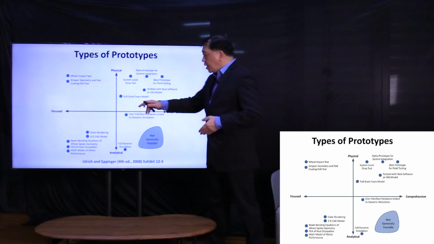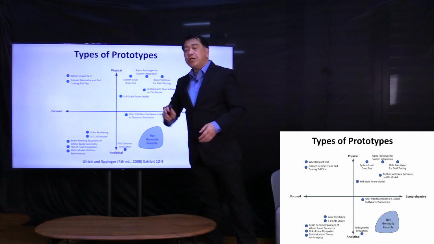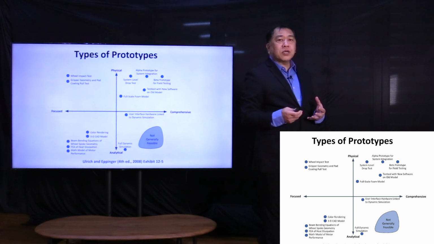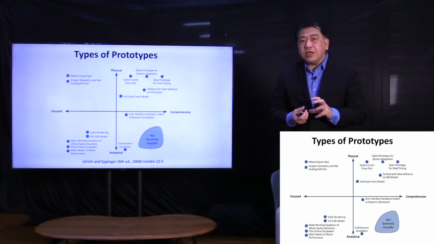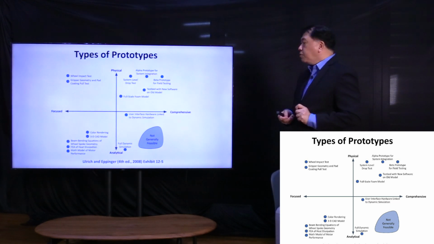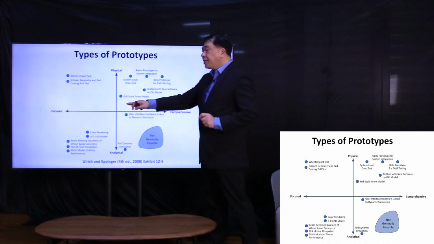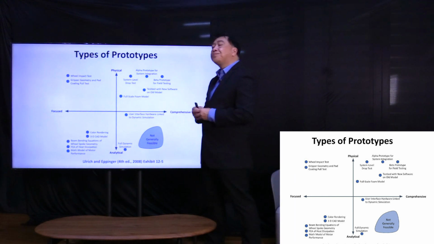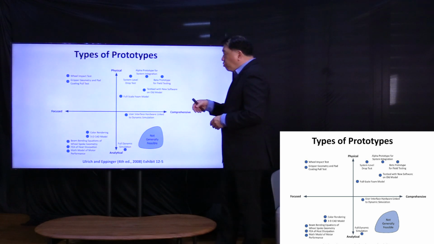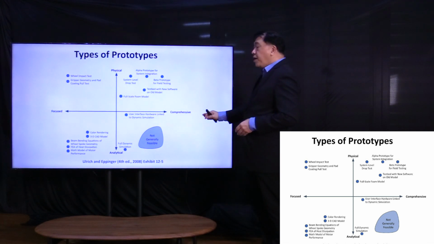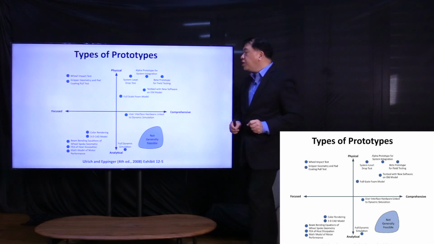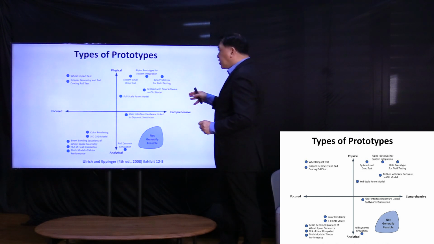You can also take the 3D printed model and build it into a physical model and then let the user feel it and test it. So moving from analytical first to physical. And you can even then move from focused to comprehensive, which means you test one feature and then test the system.